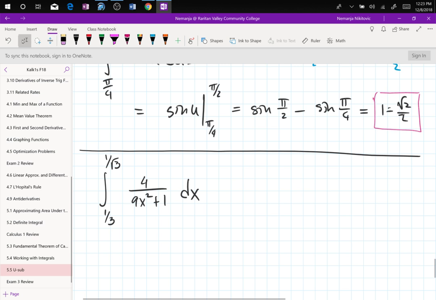Does anyone see what this could be? Does anyone see it?